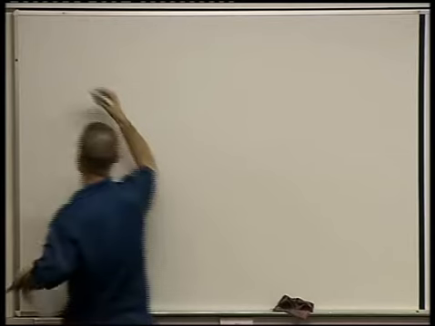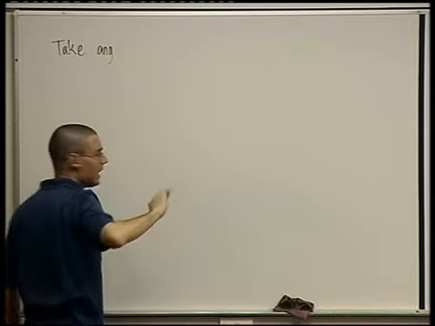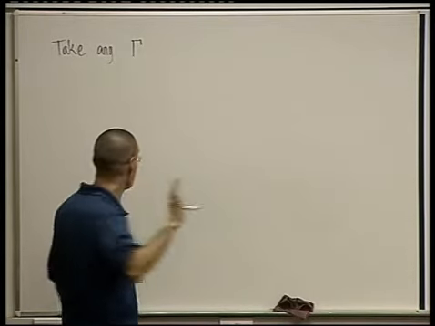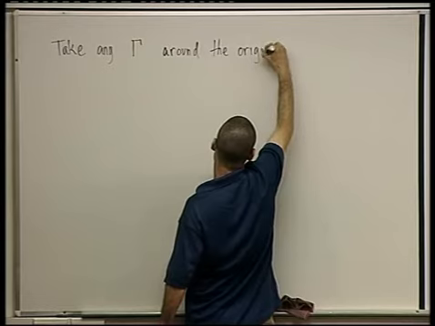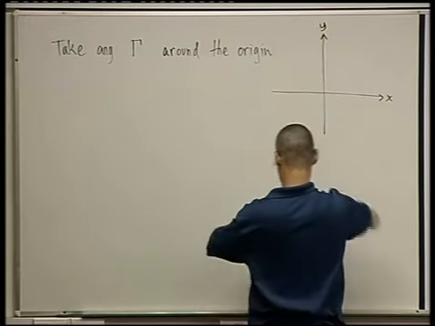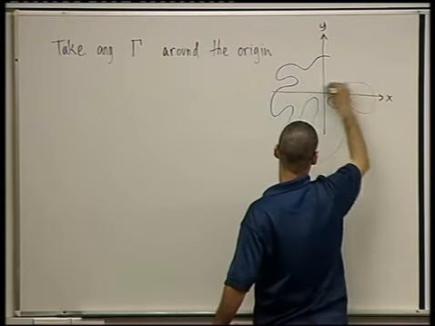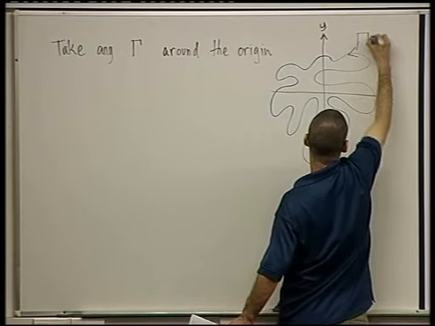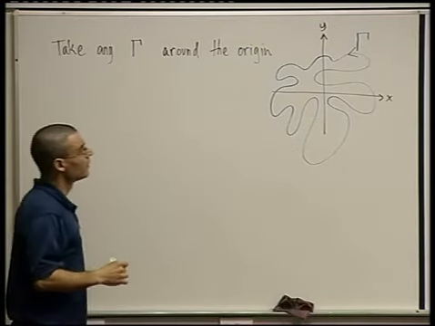So now let's consider any amoeba-shaped gamma, as long as it's, of course, planar, piecewise smooth, simple, closed, positively oriented, around the origin. Here's the origin. And here's gamma.